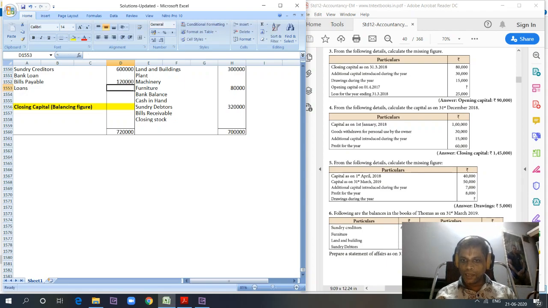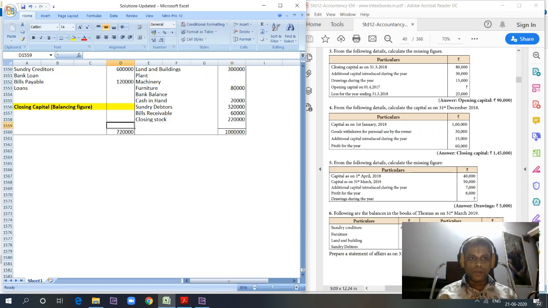Then we have cash in hand 20,000. We also have bills receivable 60,000. Then we have closing stock 2 lakh 20,000.